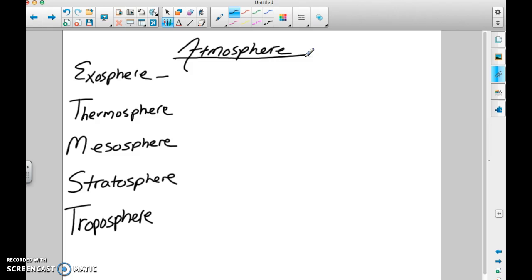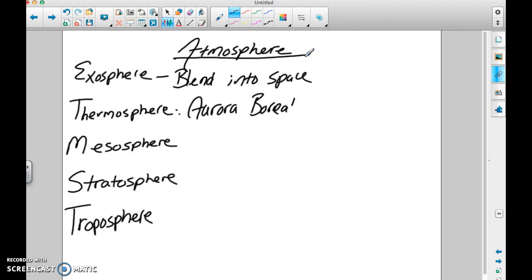The exosphere, for example, is going to blend into space. There's something very important about the thermosphere, and it's something that you might see in the thermosphere, especially if you ever get the chance to go up to Alaska. It's very beautiful. It is the aurora borealis. Now here's the trick that you need to know.